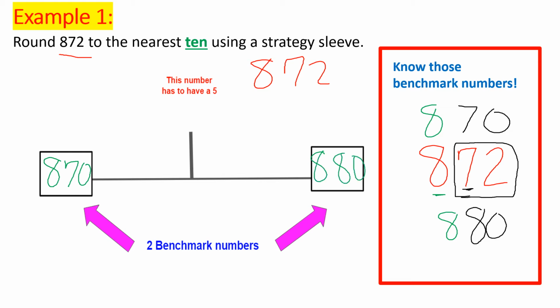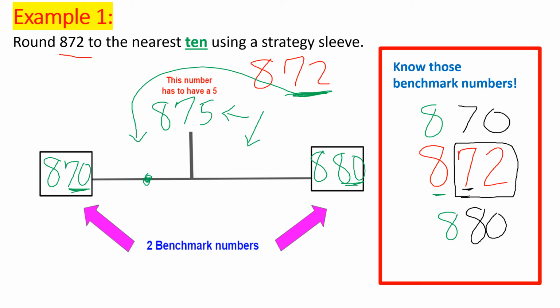Now, in the middle here, just like I had a 70 and an 80, I'm going to have a 75 up here, okay? So I have 875. Now, if I've got 872, is that going to go on this side after 875, or is it going to go before 875? It's actually going to go before 875, which means it's going to round to 870.